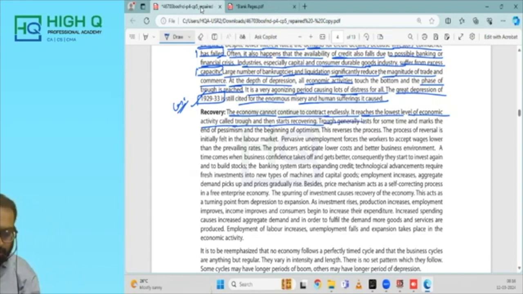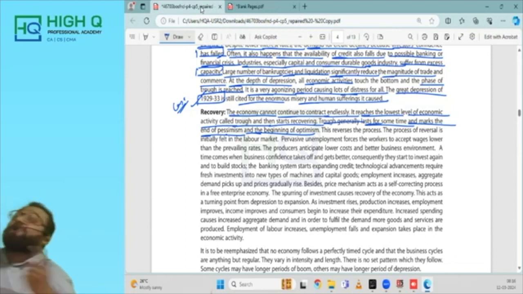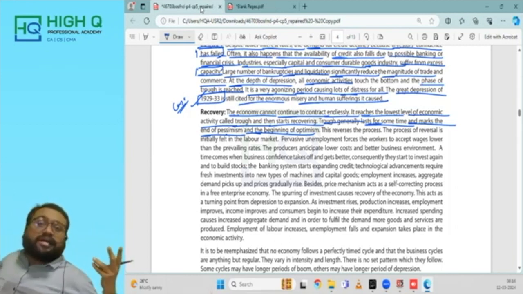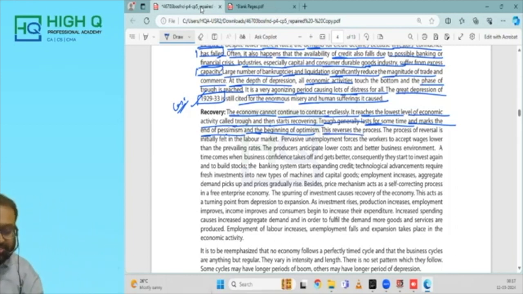Trough generally lasts for some time and marks the end of pessimistic and the beginning of optimistic. Pessimistic means everything negative, everything going down. Optimistic, everything going positive. Yes or no? This reverses the process. The process of reversal is initially felt in the labor market.